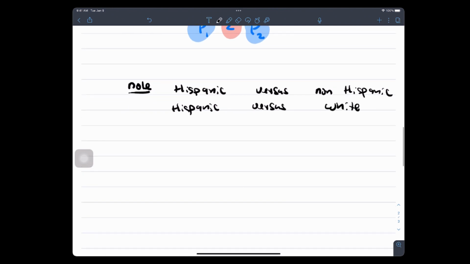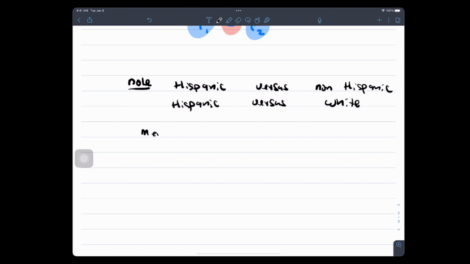It doesn't matter. You can compare men under 50 versus men over 50, or let's say men under 28.